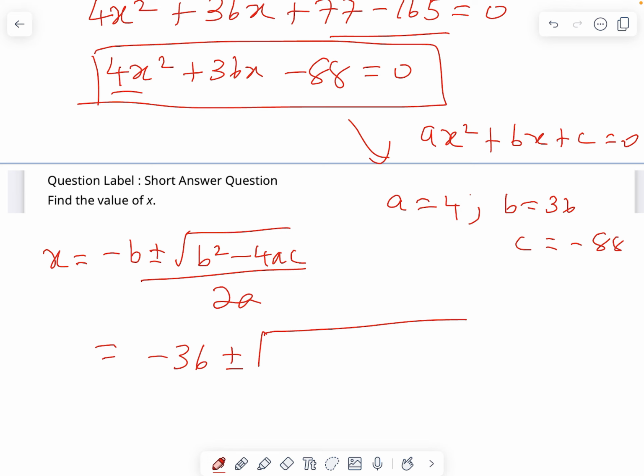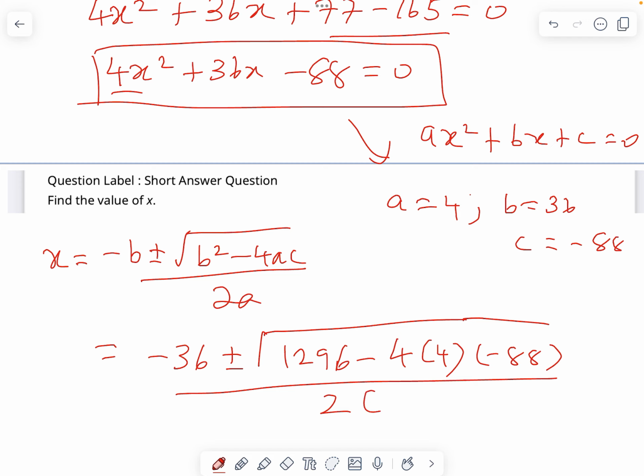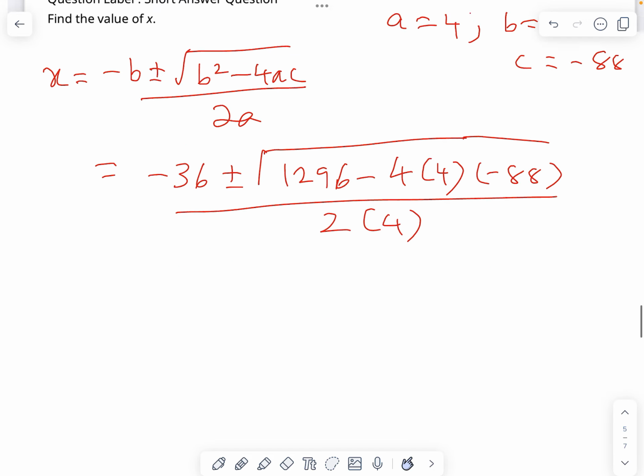While solving 36 square in the online calculator, we get 1296, minus 4 times 4 into c, minus 88, by 2 into 4.